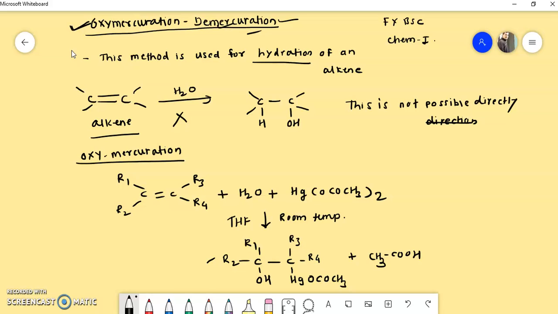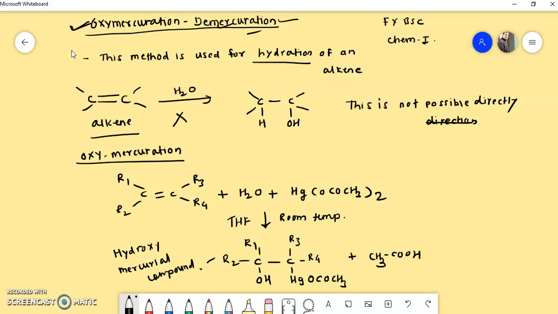So this intermediate which is generated here is known as the hydroxymercurial compound. This process is known as oxymercuration.